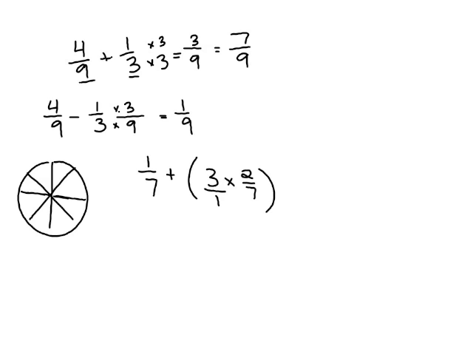Okay, so this turns into 6/7. So I'll have 1/7 plus 6/7. They have the same denominator. So 6 plus 1, 7/7. How else can I write 7/7? 1. All right, any number over itself is equal to 1.